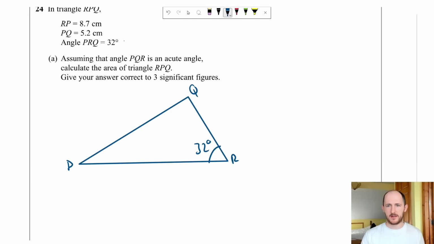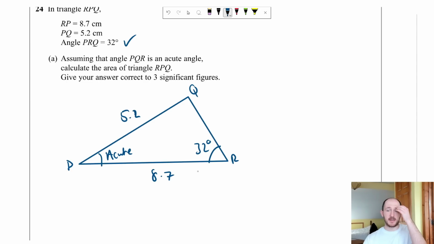R to P is 8.7, and PQ is 5.2. And it says, assuming that RPQ, so this angle here, is acute.